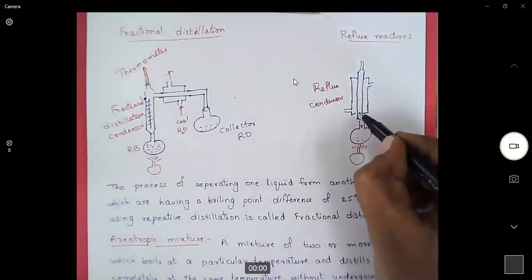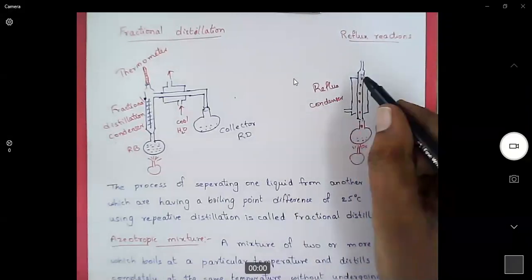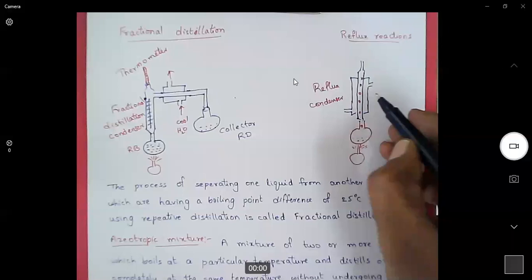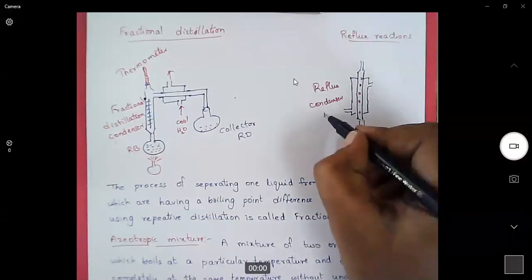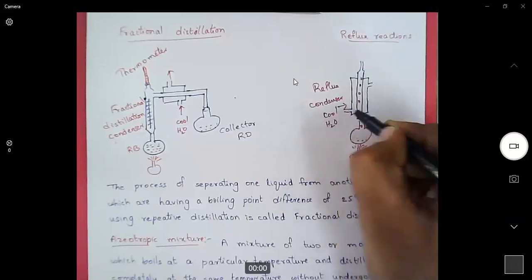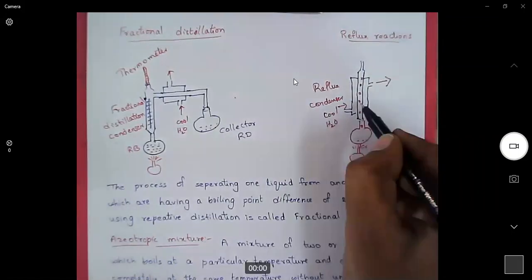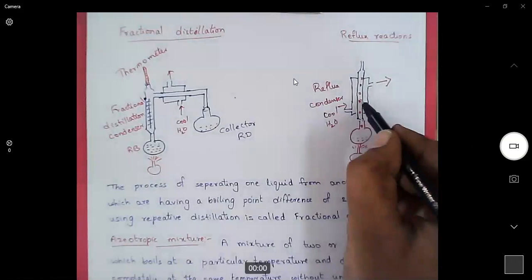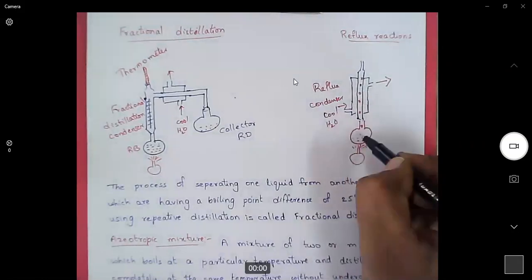When the solvent is vaporized, the vapor will come up like this. Now this inner glass tube has an outer glass covering where we have a cool water inlet and outlet. The vapor will give its energy to this cool water, get condensed, and come back to the reaction.